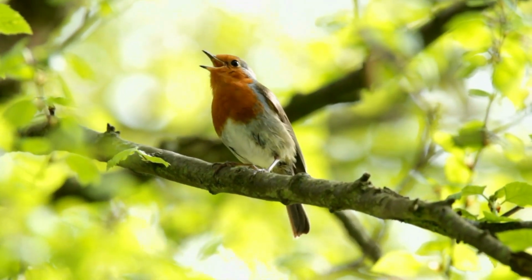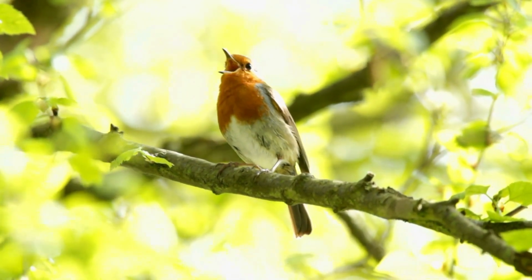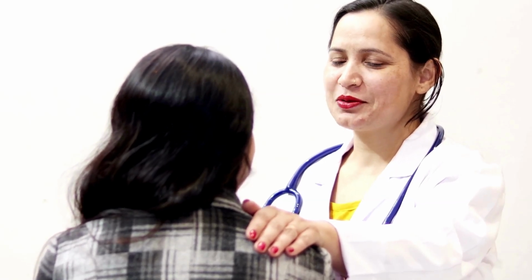And linking verbs are those verbs which connect the subject to a noun or adjective that renames or describes the subject. Example, she is a doctor. That means is is the linking verb here, because it links she with doctor, okay.